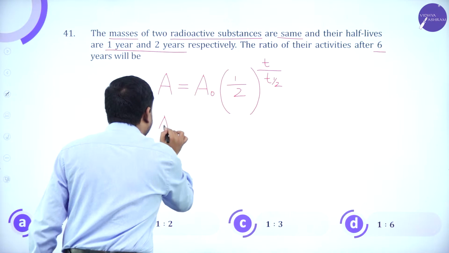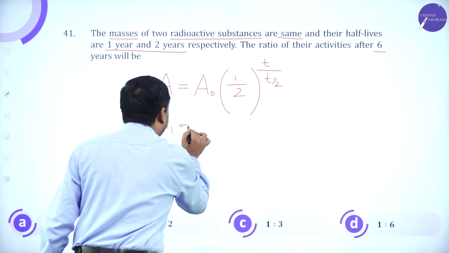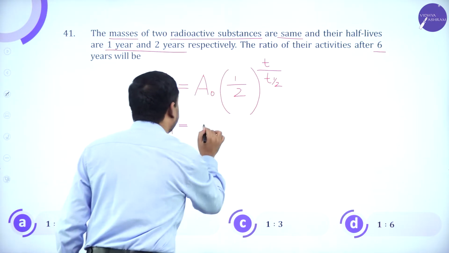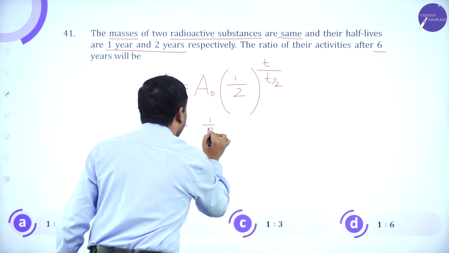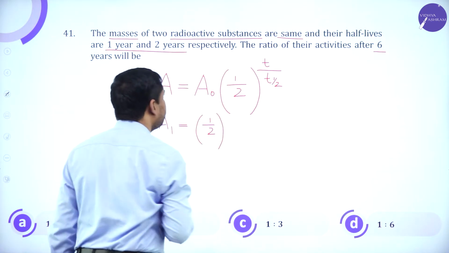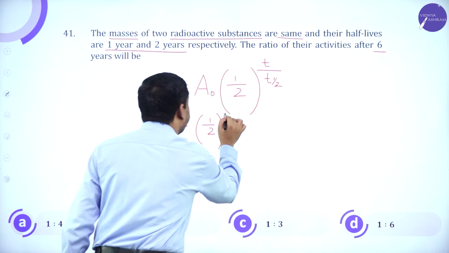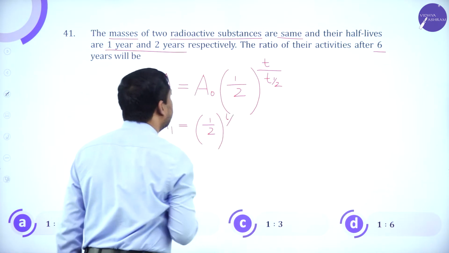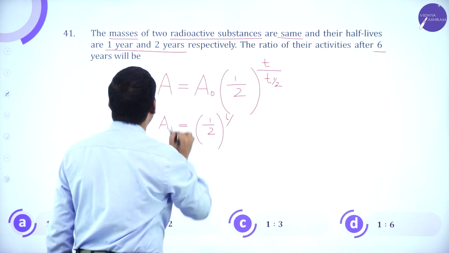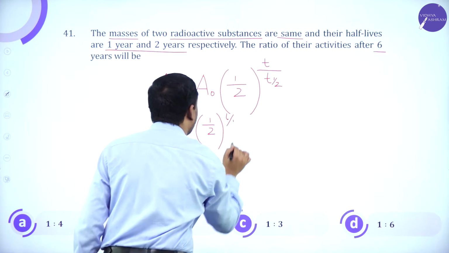In the first case, A1 equals, A naught gets cancelled, half to the power disintegration period 6 divided by half-life 1.